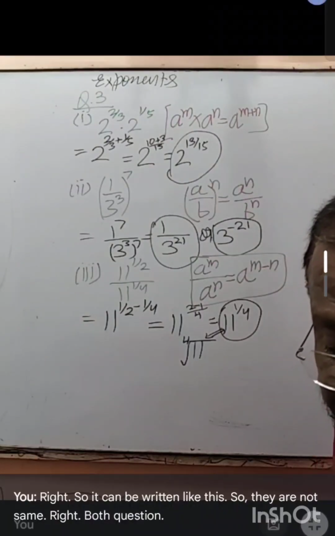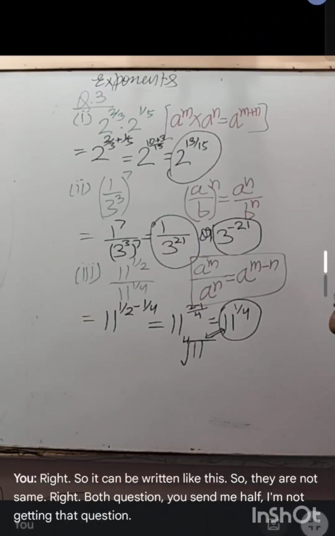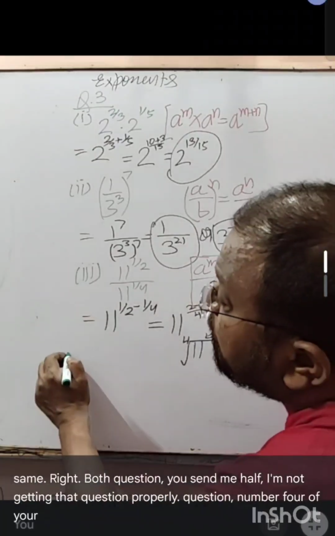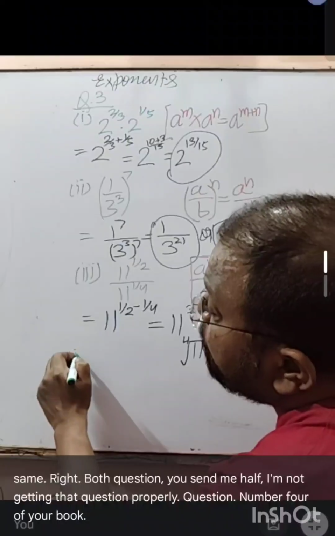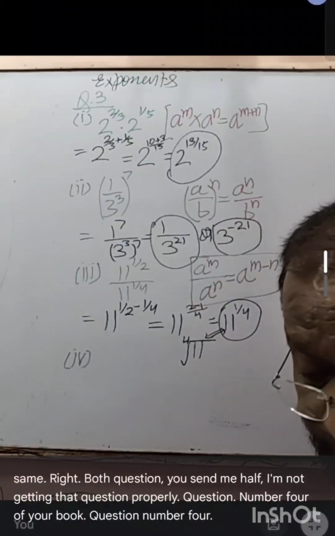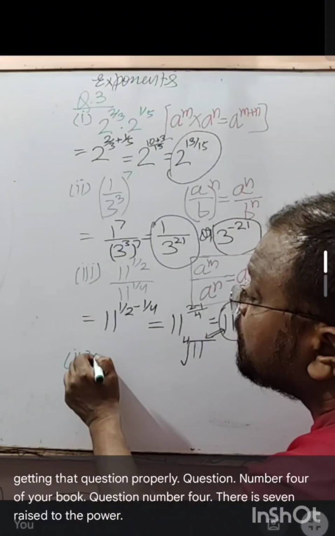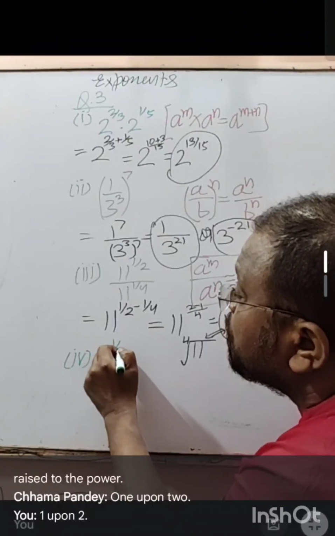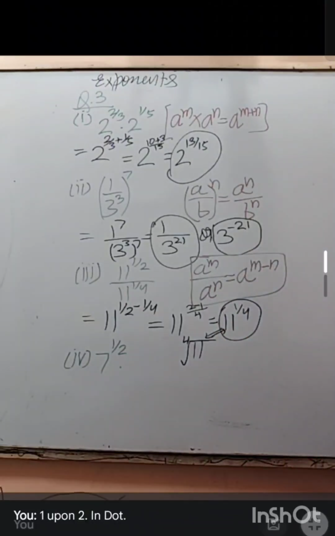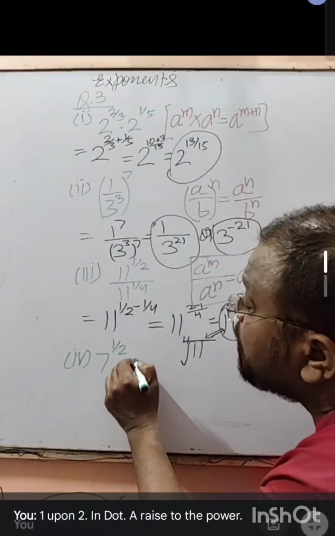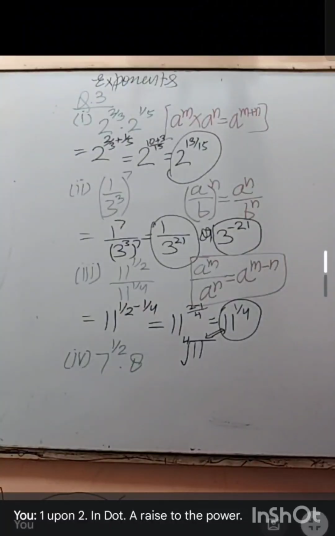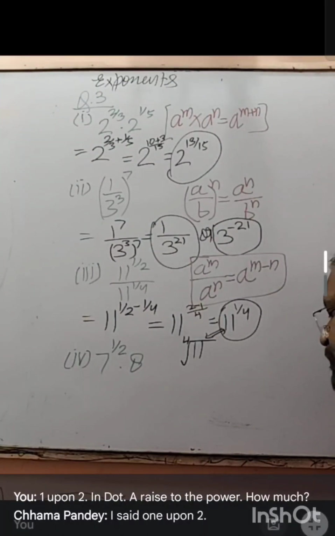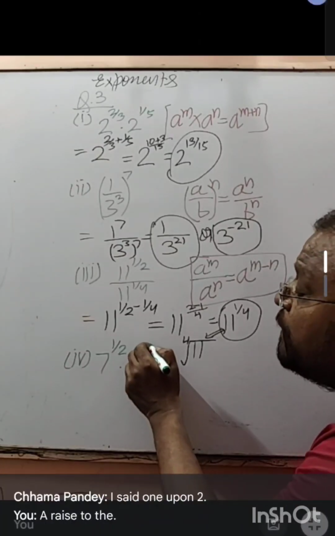Fourth question, you sent me half. I am not getting that question properly. Question number 4 of your book. There is 7 raised to the power 1 upon 2 into 8 raised to the power 1 upon 2.